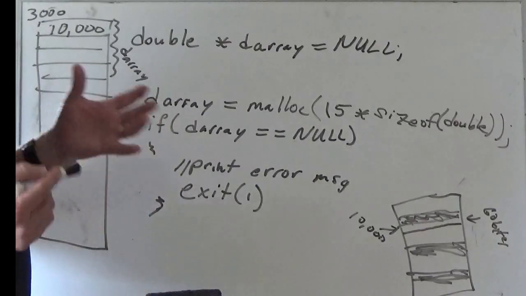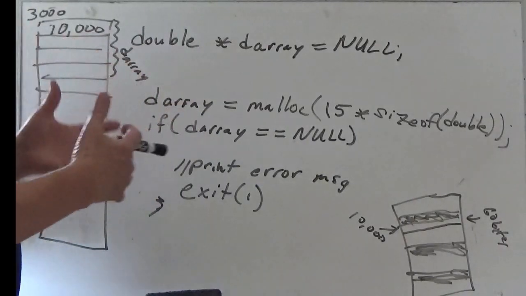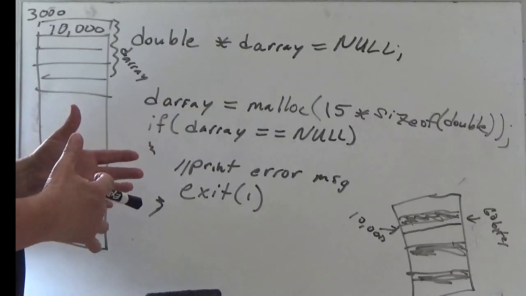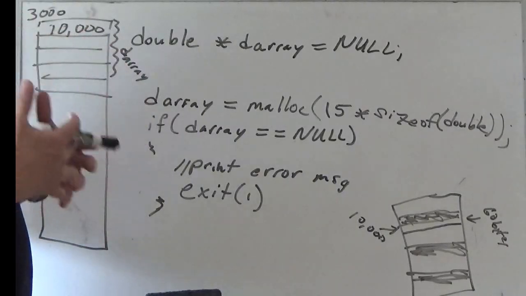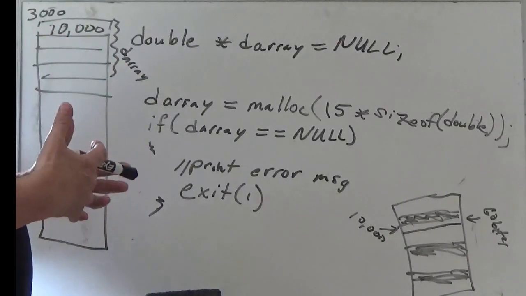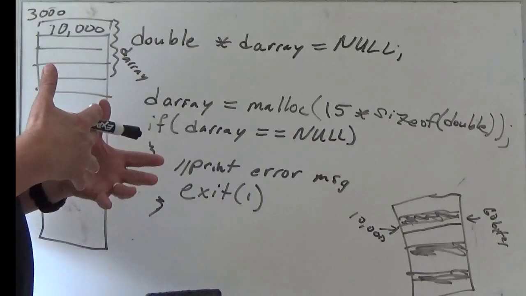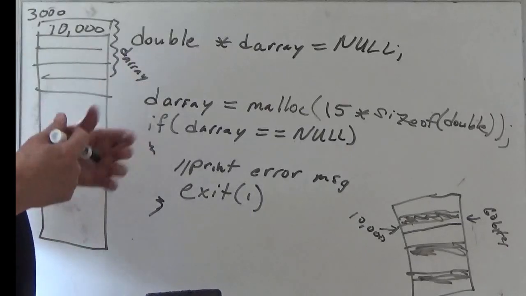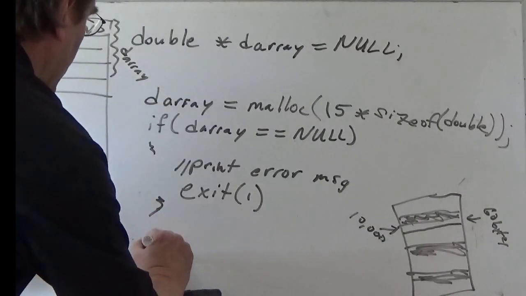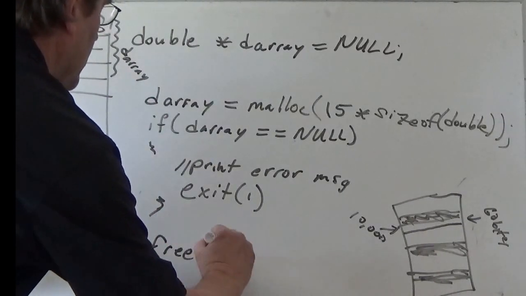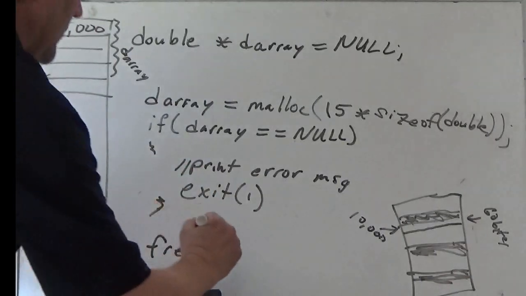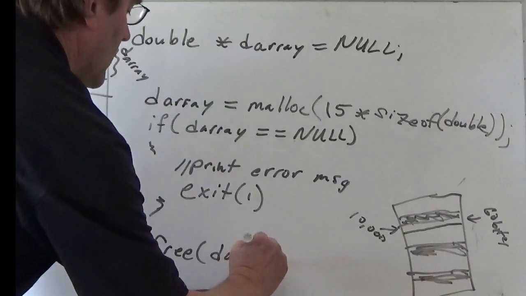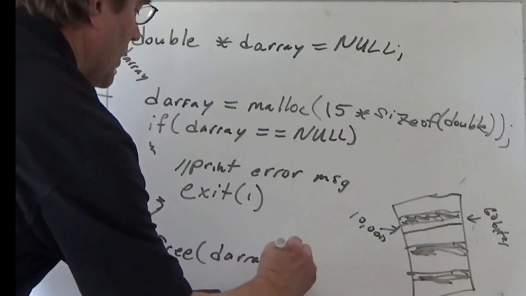Malloc has a very similar thing where when you're done with the memory and you don't need it anymore, you want to be a good steward of your operating system and return that memory back to the heap so perhaps some other process could use it. The way you do that is with a call to free, and then it's just the name of the particular pointer.